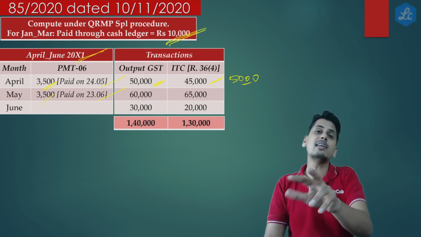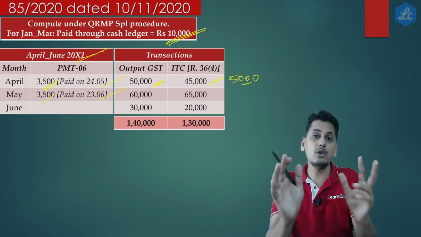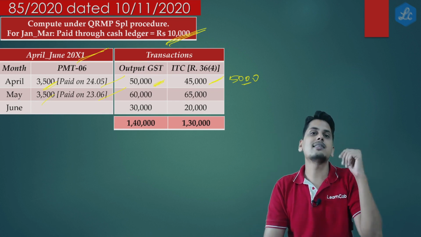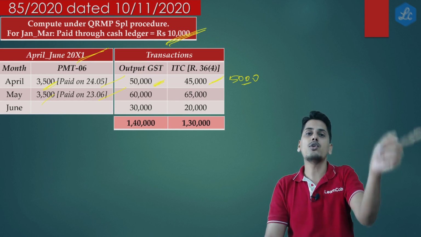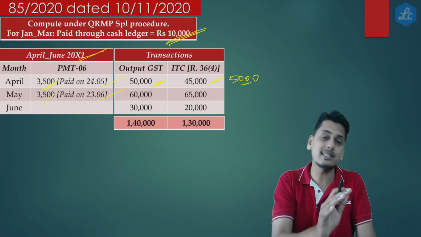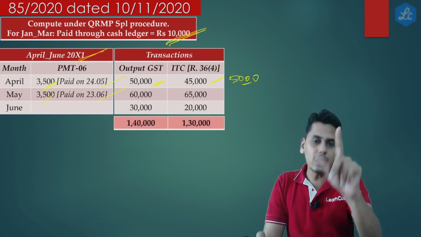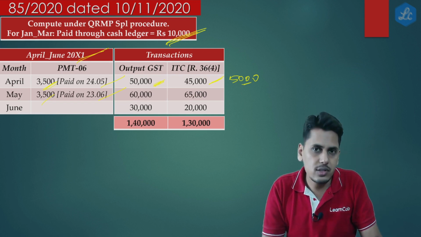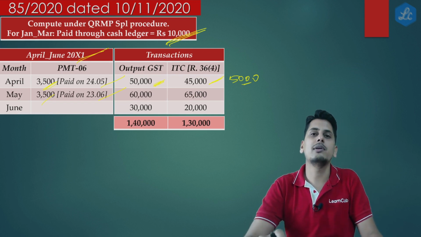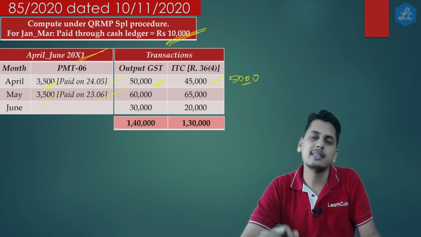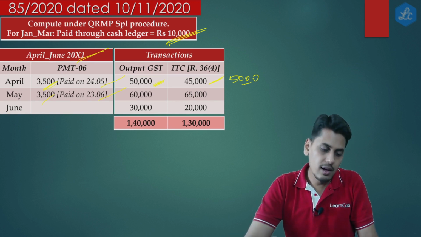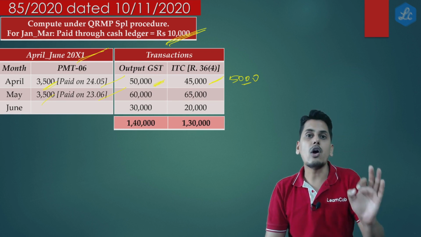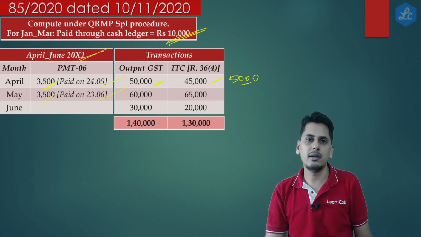So to reduce their compliance burden, this fixed sum method has been introduced. Now if you ask this person, under fixed sum you have paid only 3,500, actual liability was 5,000, so pay interest on it, is it going to be a logical demand? The answer is no.